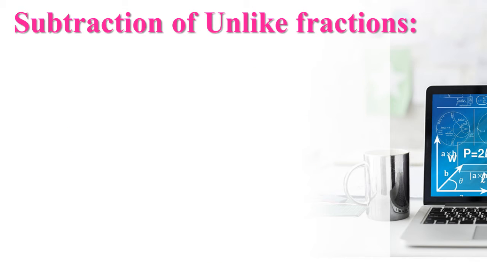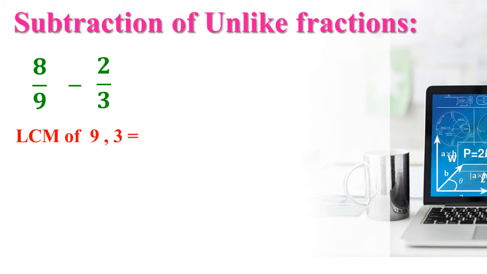Next, subtraction of unlike fractions. Here also, first we will convert to like fractions. So the given fractions are 8 by 9 minus 2 by 3. We first find the LCM of both the denominators, that is the LCM of 9 comma 3.